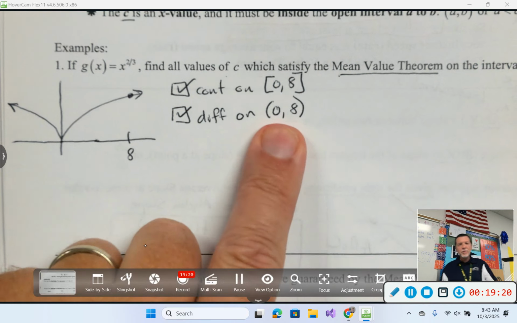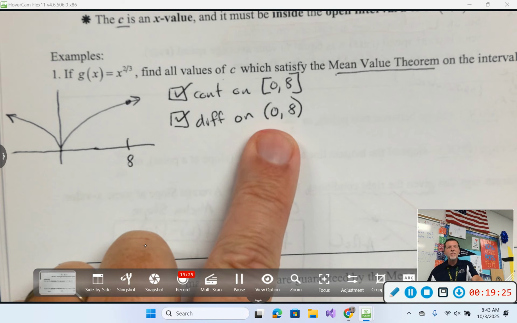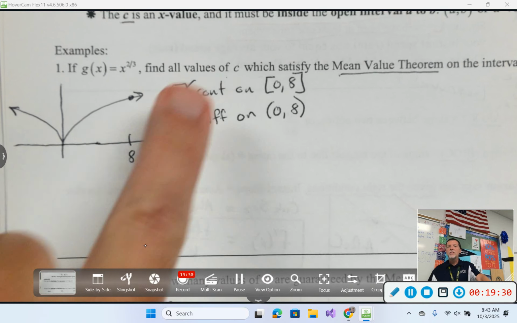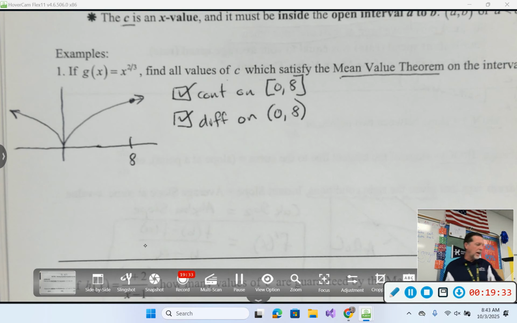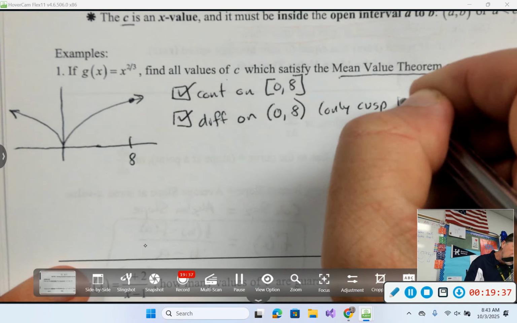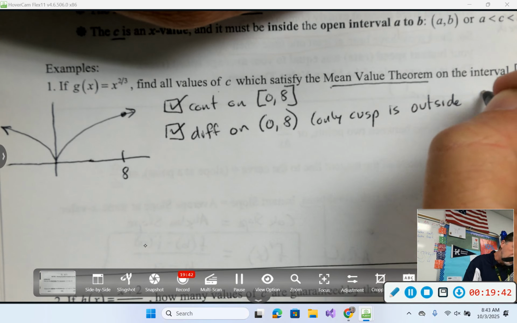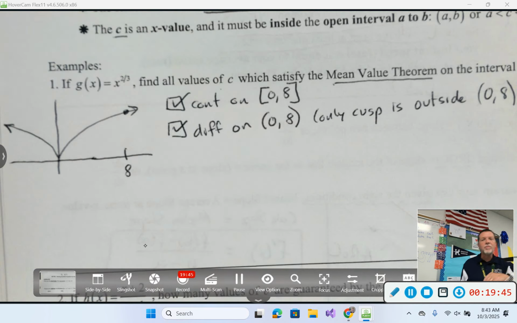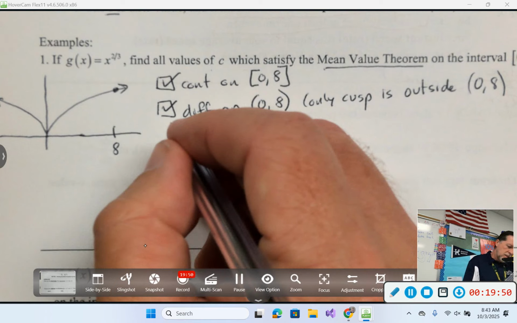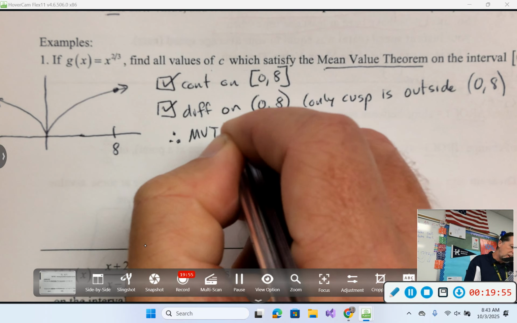Yes, because that cusp is not in our interval. Just barely, but the parentheses mean don't worry about the endpoints, so we don't have to worry about that cusp. So now we can say that MVT applies. The only cusp is outside our interval, just barely, but not in the interval. Therefore, MVT applies.